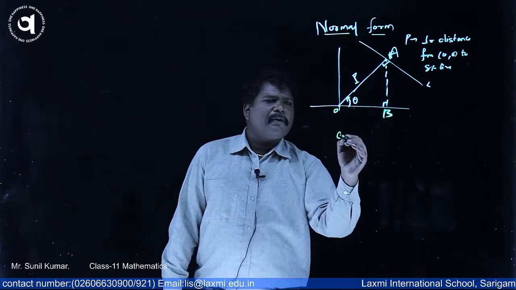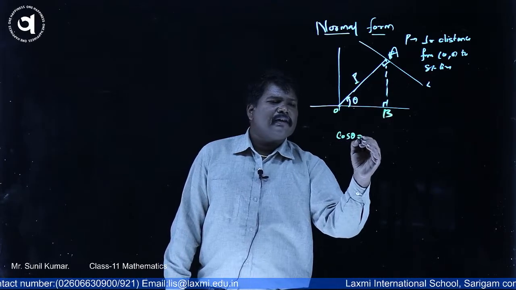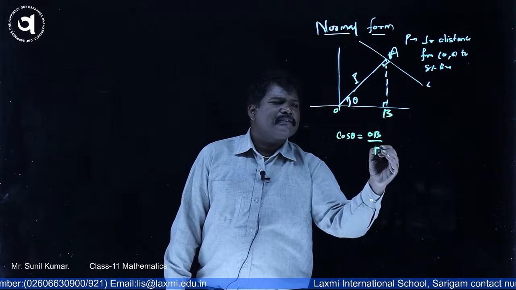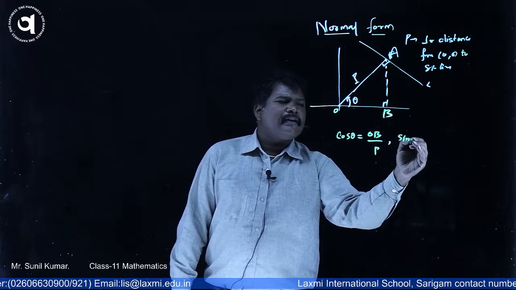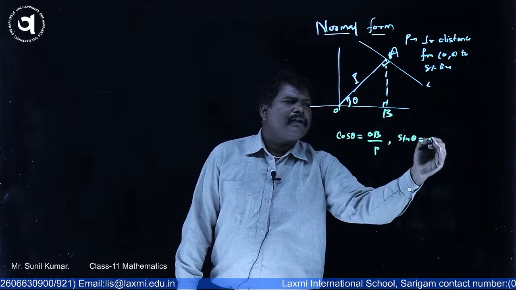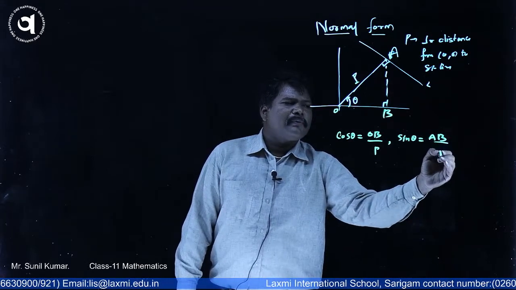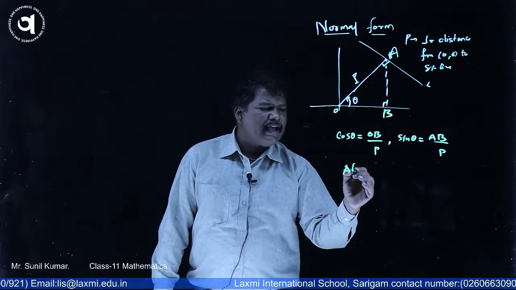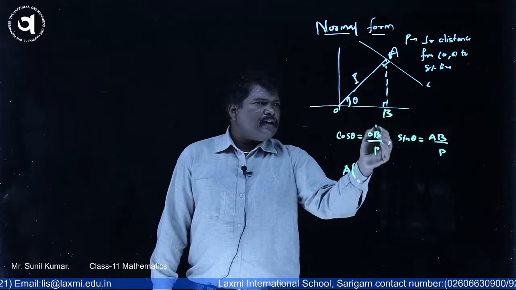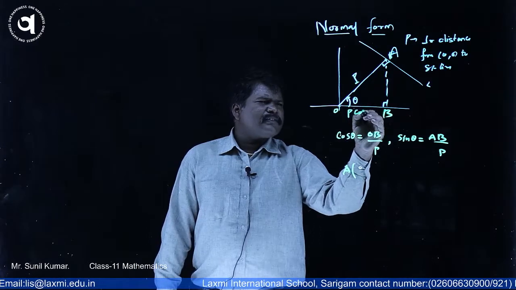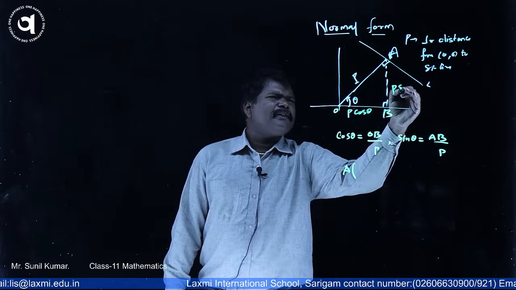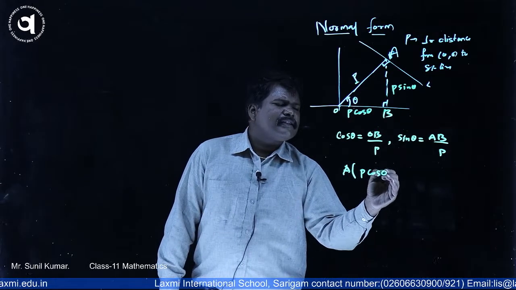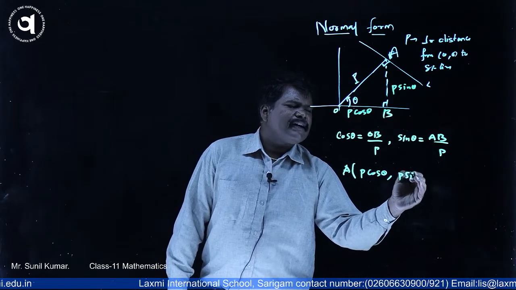For that, we apply cos theta, which is base upon hypotenuse, and sin theta, which is perpendicular upon hypotenuse. So, you get the point A as p cos theta comma p sin theta.